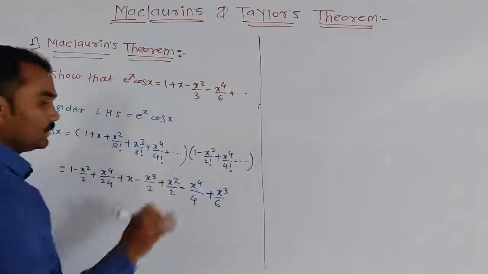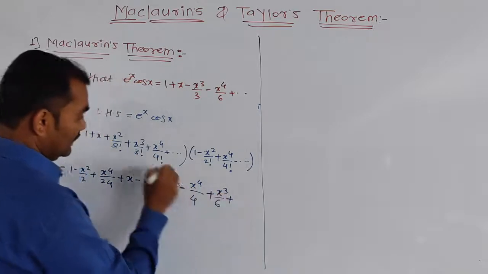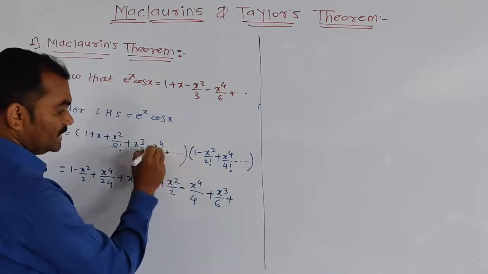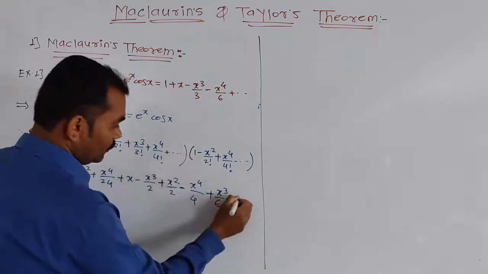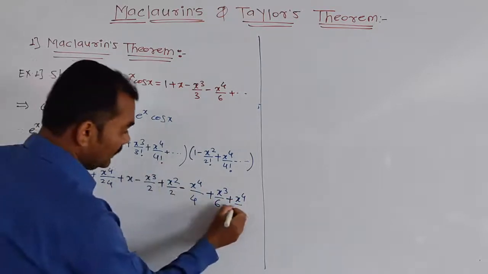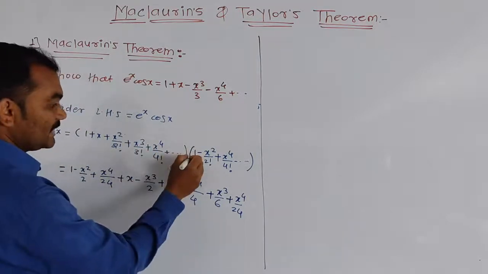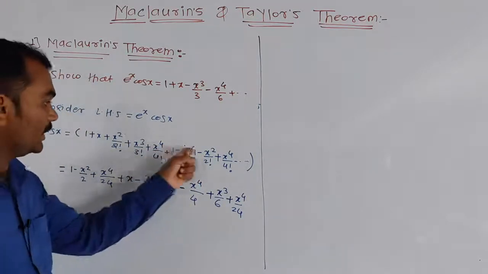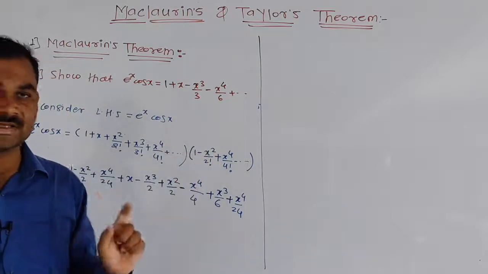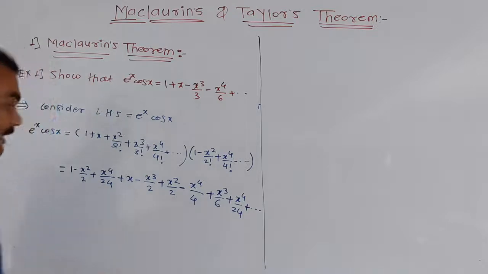Then the last term, plus x raised to 4 into 1, gives x raised to 4 divided by 4 factorial, which is 24. Then this plus into minus gives minus x raised to 4 into x square, this is x raised to 6, no need to write, plus dot dot dot up to infinity.